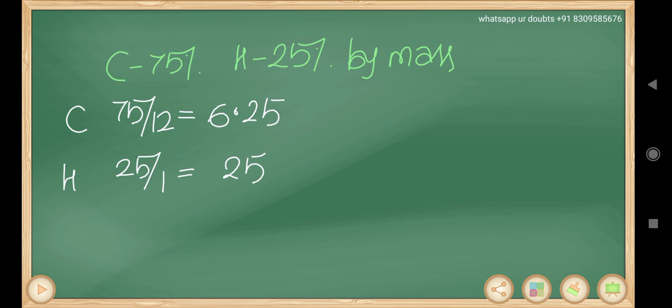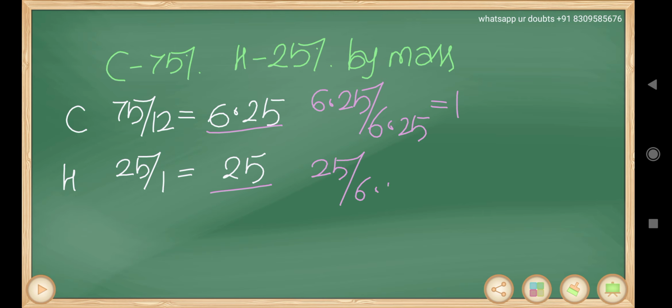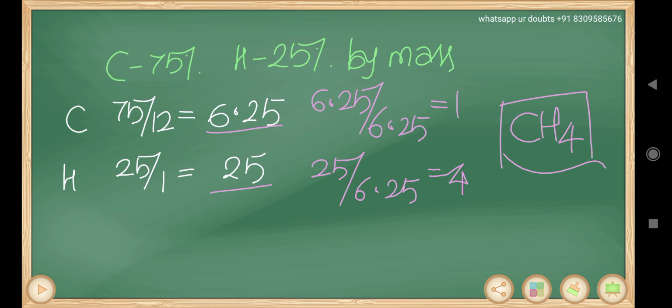Then in these two numbers, 6.25 is the least number. So 6.25 by 6.25 is equal to 1, 25 by 6.25 is equal to 4. So the empirical formula of this compound is CH4. Carbon 75%, hydrogen 25% by mass means CH4 is the empirical formula.